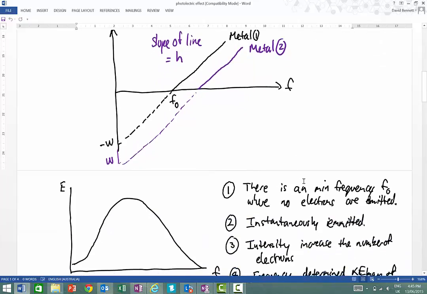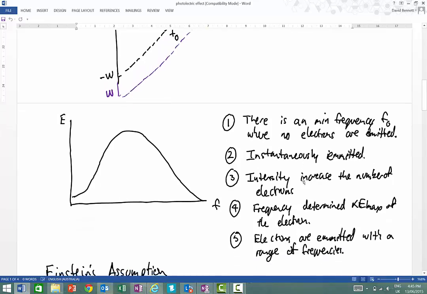Now, when we start looking at the energy of the electrons being ejected, there's a minimum frequency. These are some observations that were made when they did the experiment. There's a minimum frequency below which no electrons are emitted. We found that the electrons were emitted from the surface instantaneously.